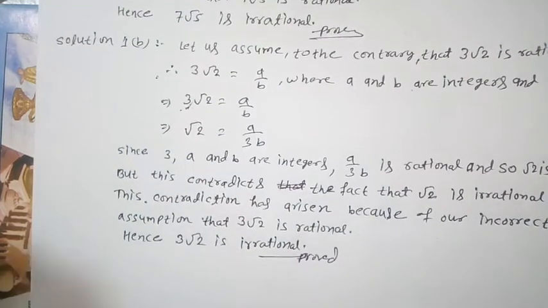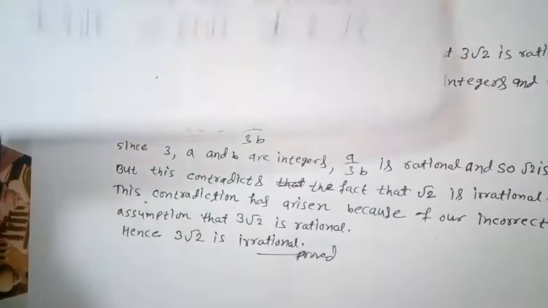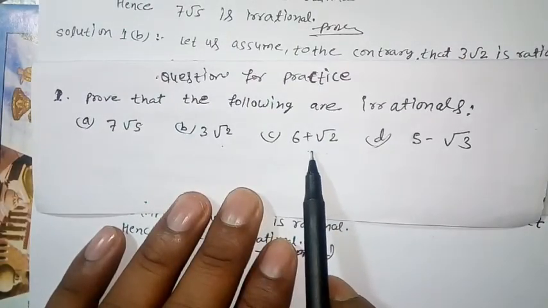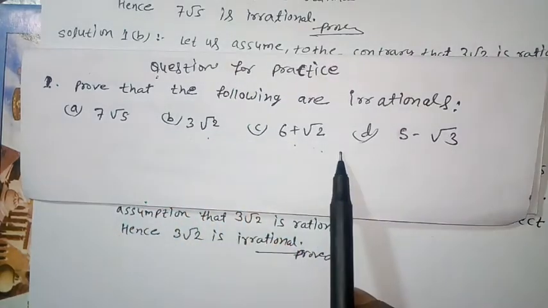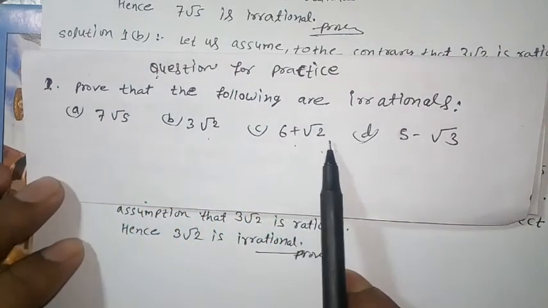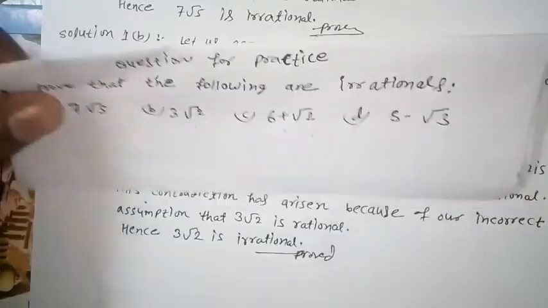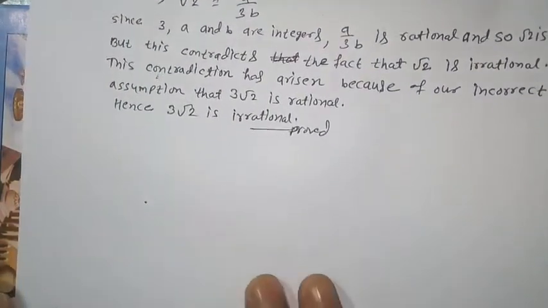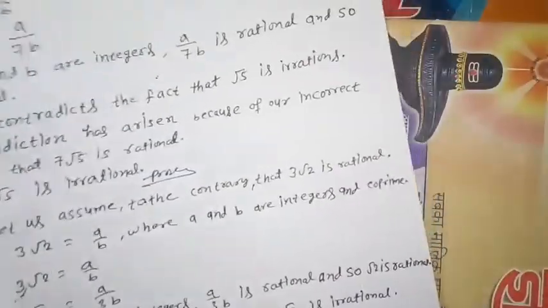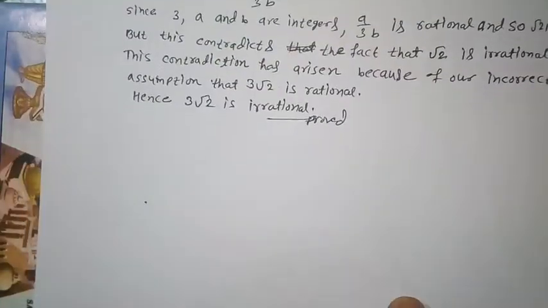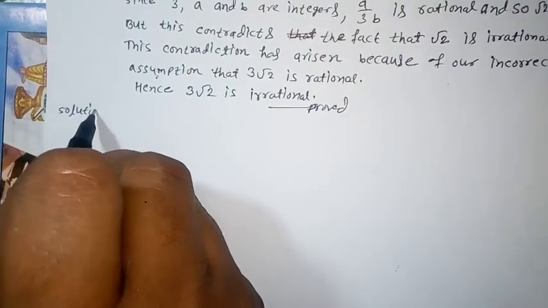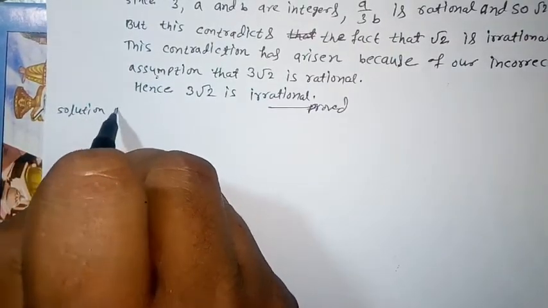The next question, 1c. Prove 6 plus root 2 is irrational. Okay. Solution 1c.